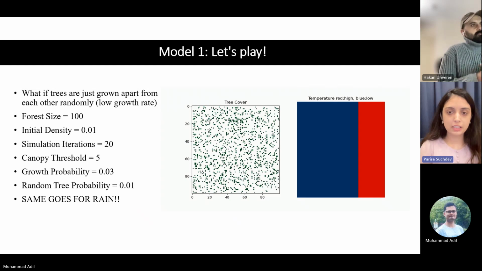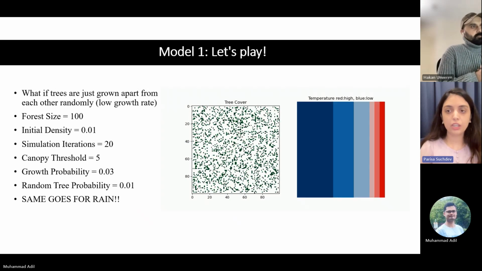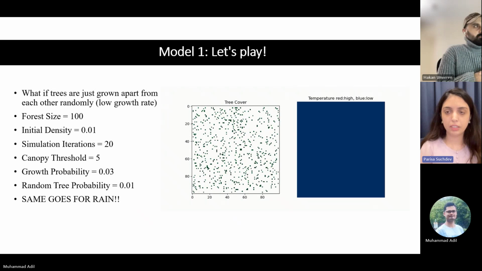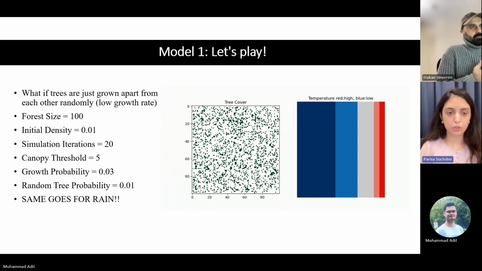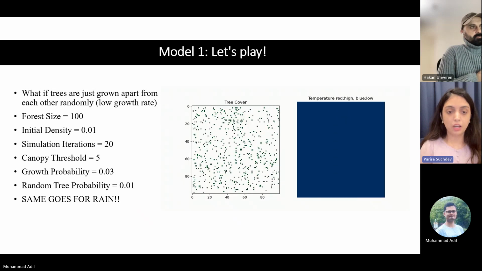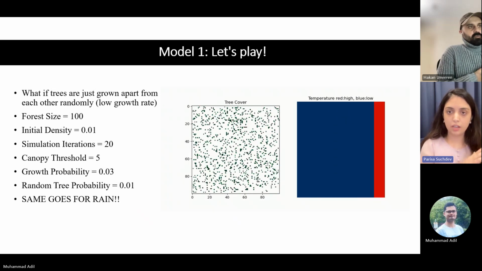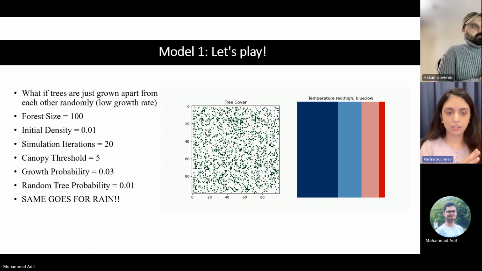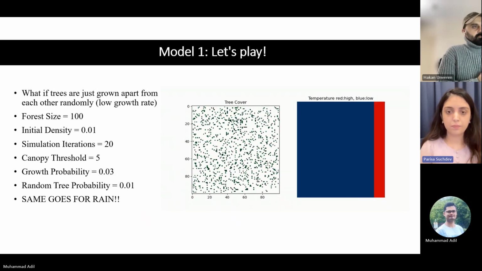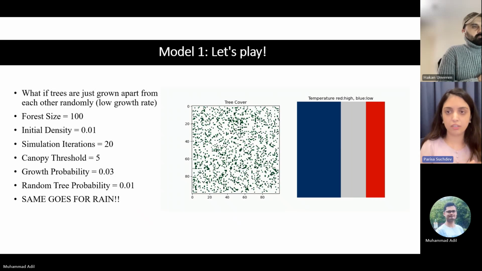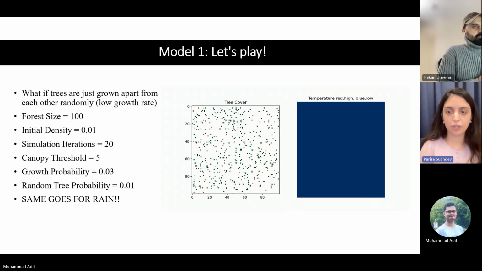So for this, the topic is how tree cover impacts the levels of temperature and rain. What we tried to do is set the growth probability to very low, which was higher in the previous slides, and we increased the random probabilities a bit, just to see what happens if there's no tree cover and trees are randomly growing.